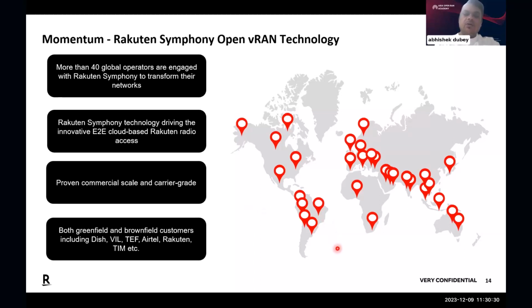There are many more with POC and lab in Africa region, in MEA region, in the US, in Canada, and in Latin America. So this is just a momentum. I just want to show you so that you can understand what Rakuten is contributing for Open RAN and what Rakuten is doing.